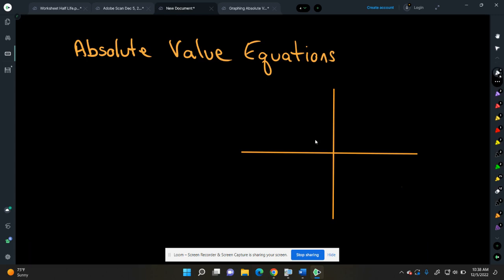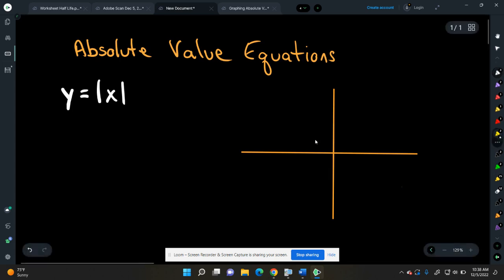Okay, absolute value. So let's start with just the absolute value of x. I'm going to shorten the lesson. We're graphing absolute value equations. All absolute value equations will be V's.